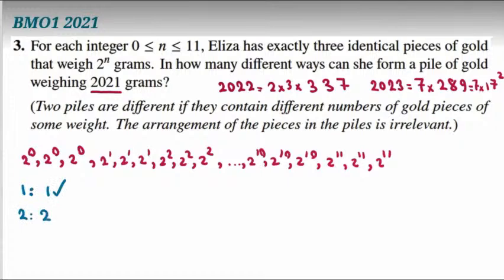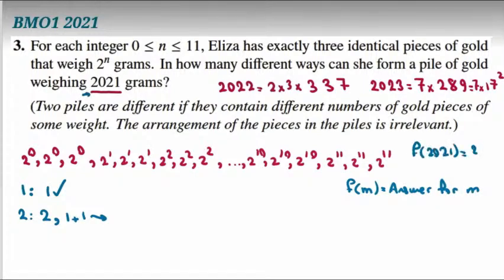If you want to create 2, we can say 2 or 1 plus 1. 2 ways. So, let's say f of n is the answer for n instead of 2021. And the problem says f of 2021 is what we want to find.